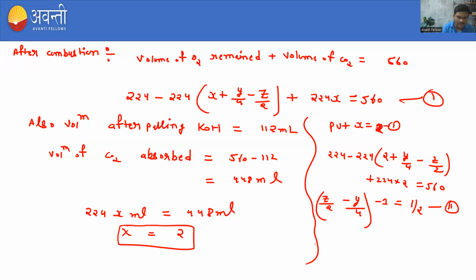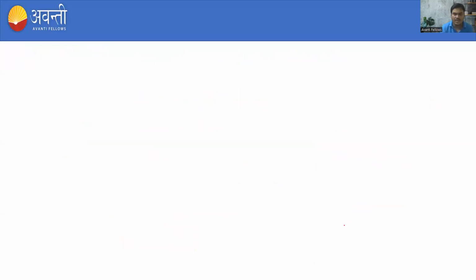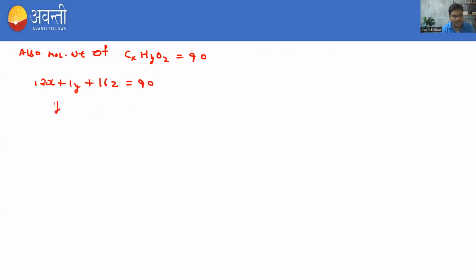Also, we know that the molecular weight of CxHyOz is 90. So this will become 12x plus y plus 16z is equal to 90. So we know the value of x.